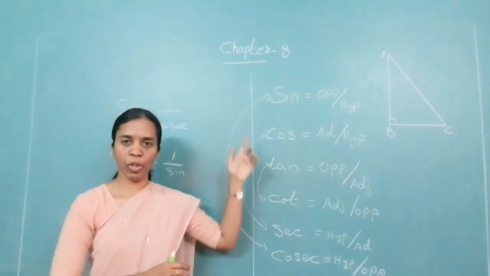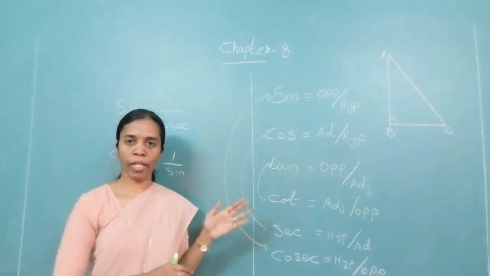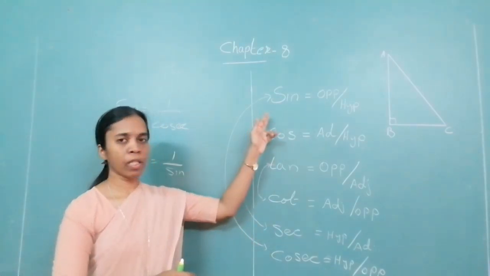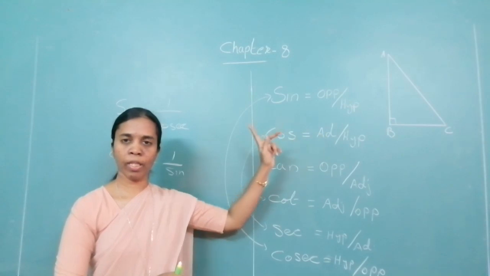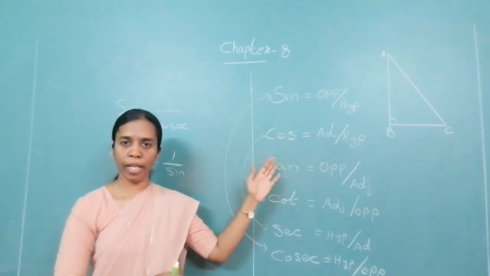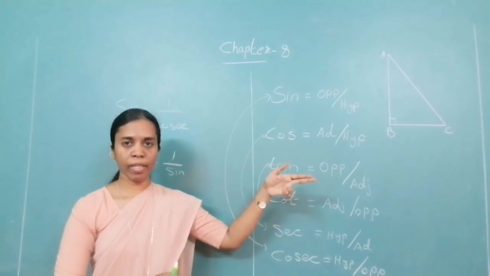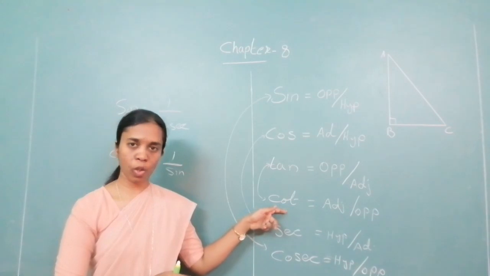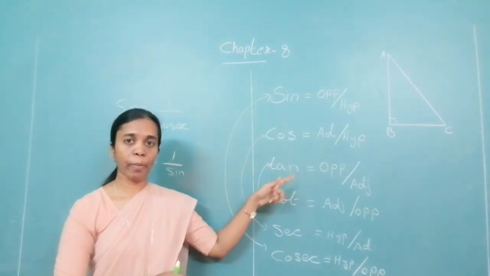First you learn this order: sine, cos, tan, cot, sec, cosec. Sine, opposite upon hypotenuse. Cos, adjacent upon hypotenuse. Tan, opposite upon adjacent. When you are learning cot, also remember cot is 1 upon tan.